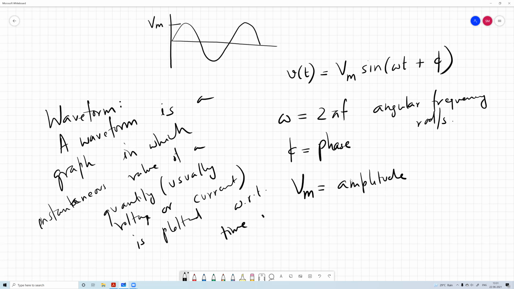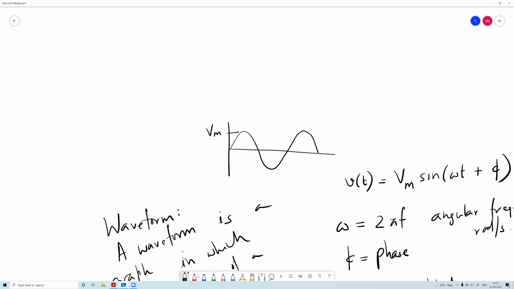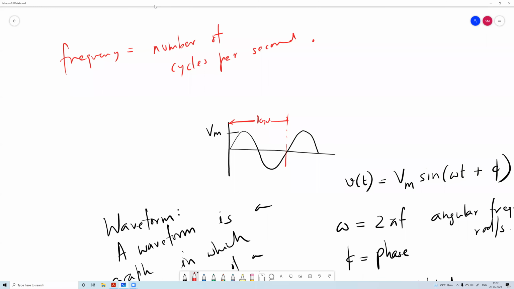What is a cycle? A cycle is one complete set of positive and negative terms. So obviously this is one cycle, from here to here. Frequency. What is frequency? Number of cycles per second. Time period is the time taken for one cycle, that is 1 by f, if the frequency is f.